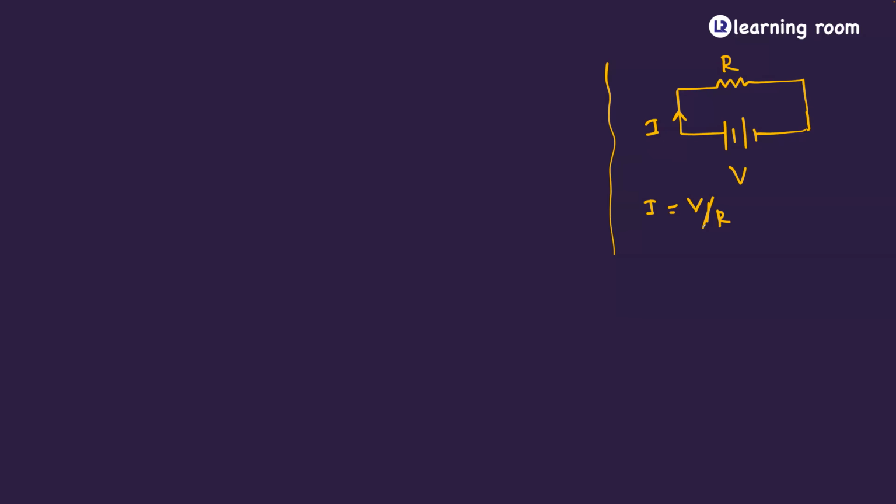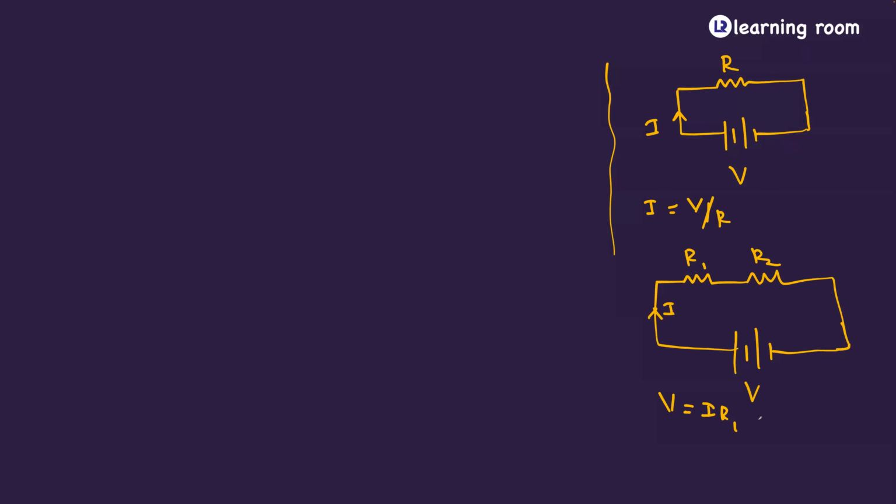Whereas, had the same circuit been with two resistors and one potential source, and the current is I, then I cannot write V is equal to I into R1 and V is equal to I into R2. Can I? I cannot do that.